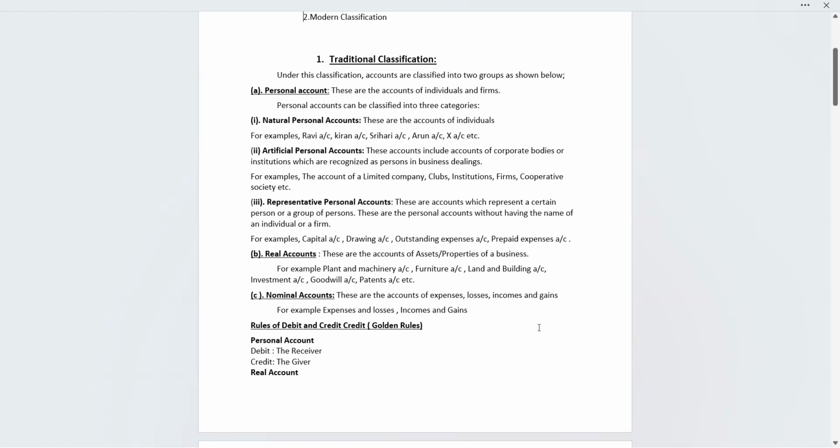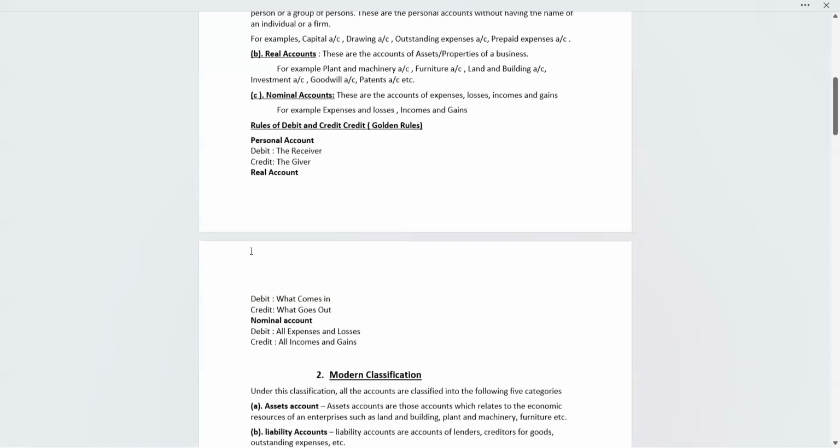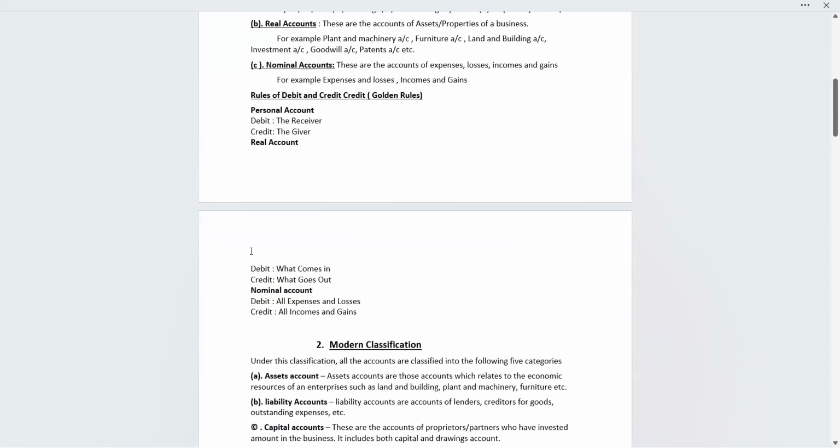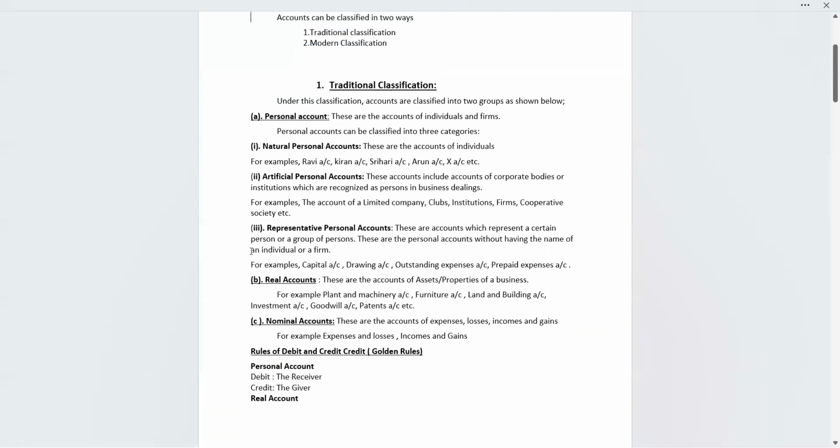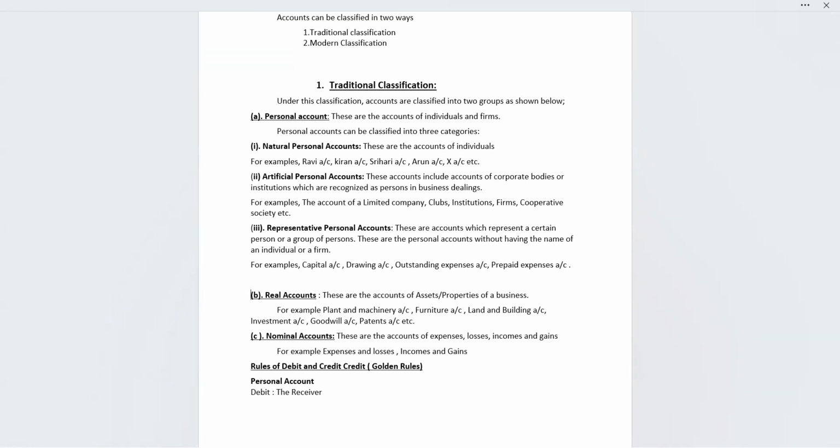So now the personal account rule. The personal account rule: debit what comes in, credit what goes out. Sorry, no. In the personal account rule, debit the receiver, credit the giver.